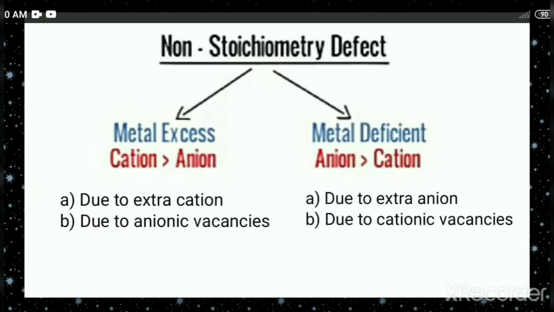It takes place due to extra cations or due to anionic vacancies. And in the metal deficient defect, cations are fewer than anions. It takes place due to extra anions or due to cationic vacancy. Let us discuss these 4 points once again in detail.